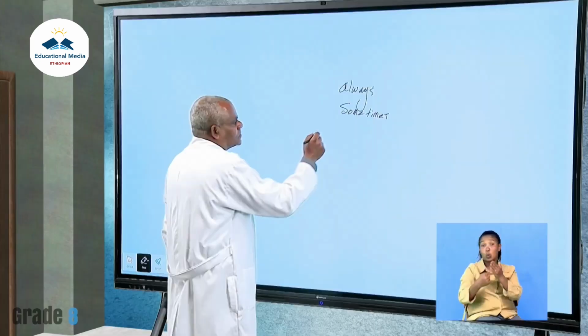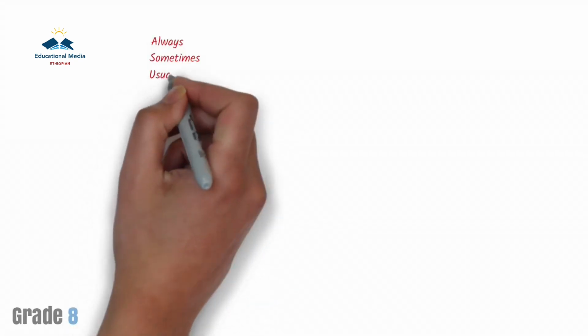Not only sometimes, usually. I usually give my exercise book to my teacher in order to check my work. Usually is also a very important adverb. Well, these are adverbs, right?